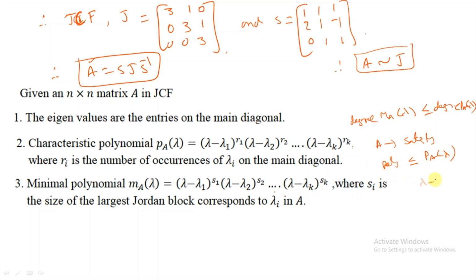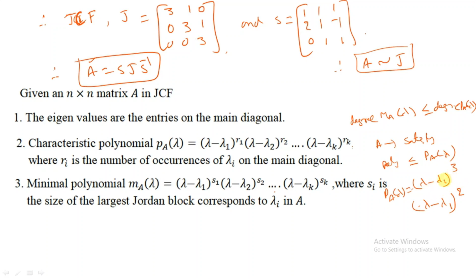Suppose (lambda minus lambda 1) whole power 3, and A satisfies this equation. Suppose A also satisfies (lambda minus lambda 1) whole square. Then it is the minimal polynomial, if it does not satisfy a lower one. Every matrix satisfies its characteristic equation.